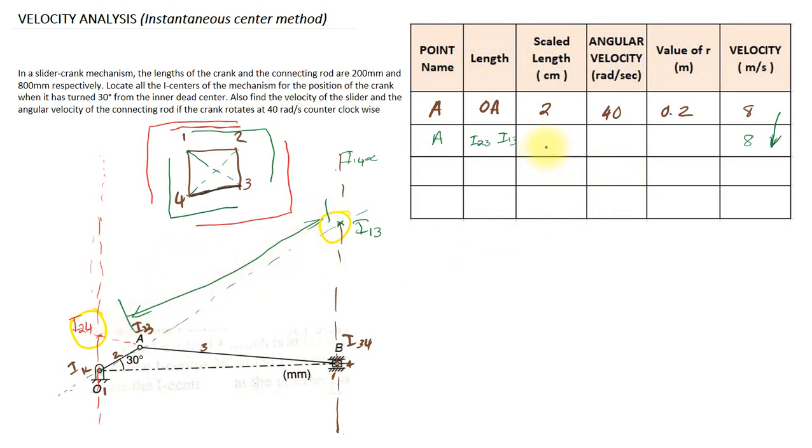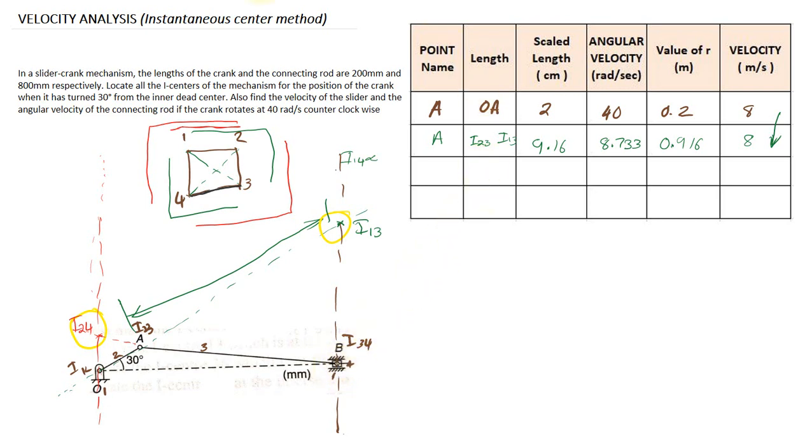Upon measuring this dimension, it will be equal to 9.16 centimeter, and the corresponding value of R will be equal to 0.916. Okay, so upon calculating, we will be getting the omega value to be 8.733. Next we have to calculate the velocity of B.